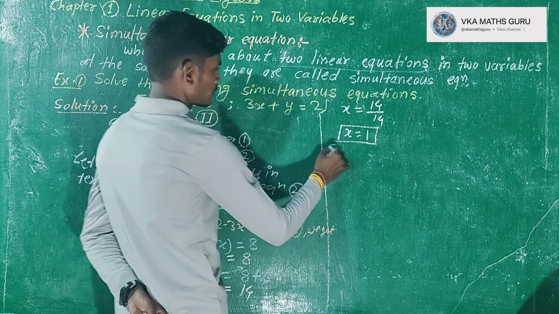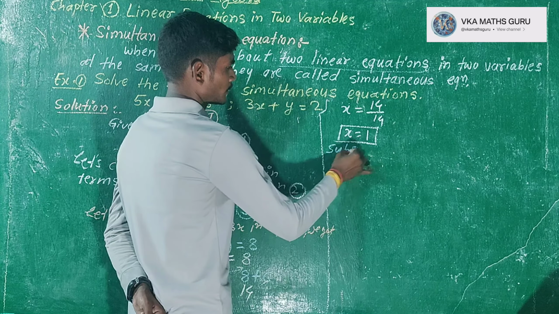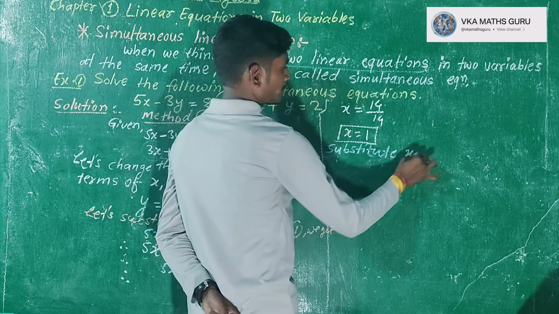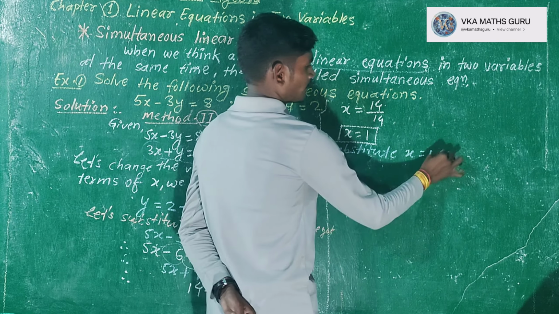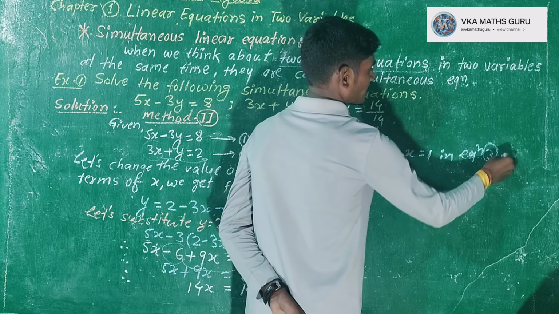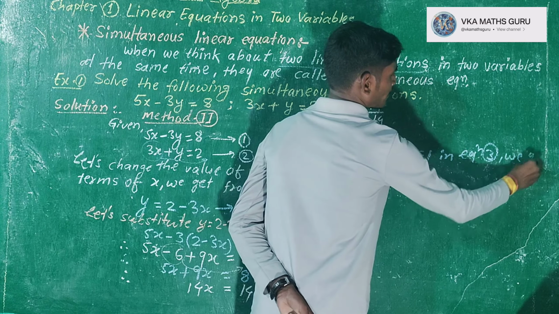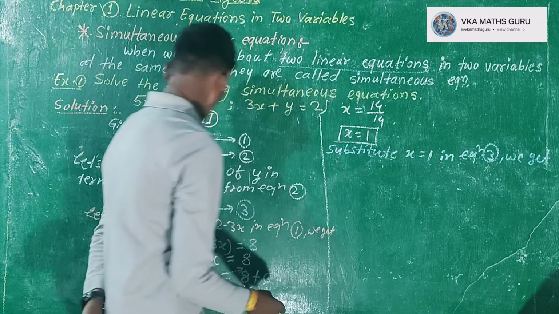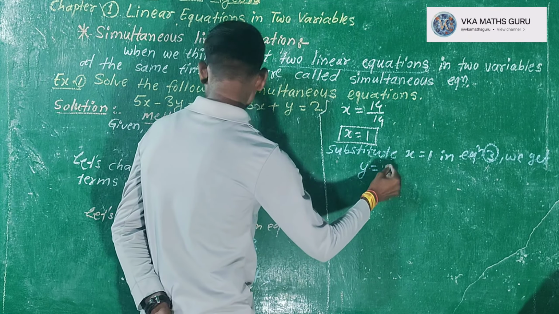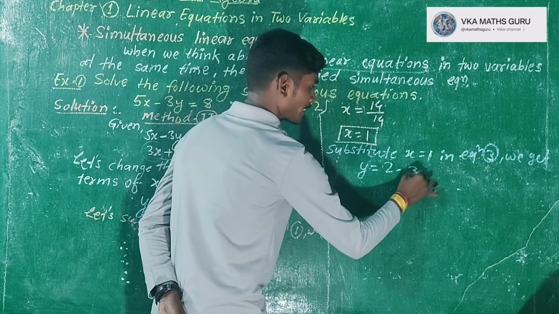So substitute x equal to 1 in equation number 3. Then we get the value of y. Okay. So equation number 3 is like this: y is equal to 2 minus 3x.